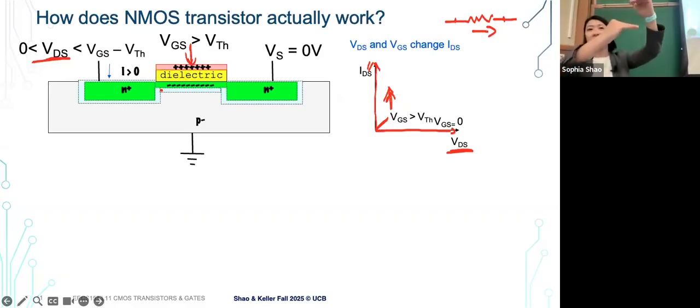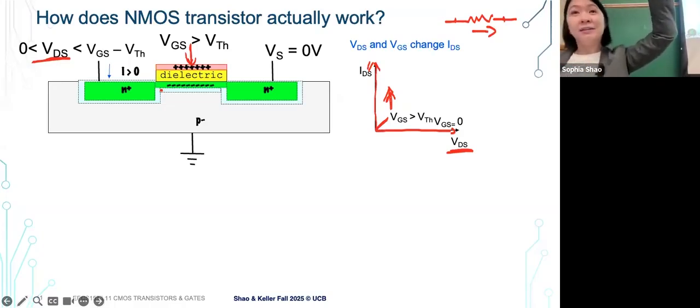So we already formed a channel. Now one of the conductors is connected to the gate voltage, and I'm increasing the voltage I'm applying there. How does it change? The current goes up because the effective resistance of the channel is lower, because it's wider. You can think about it as having more electrons.